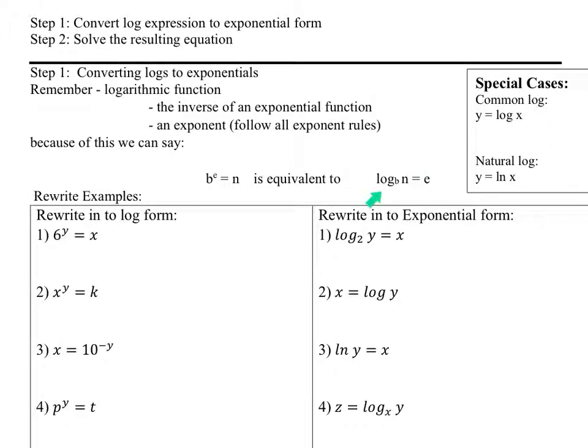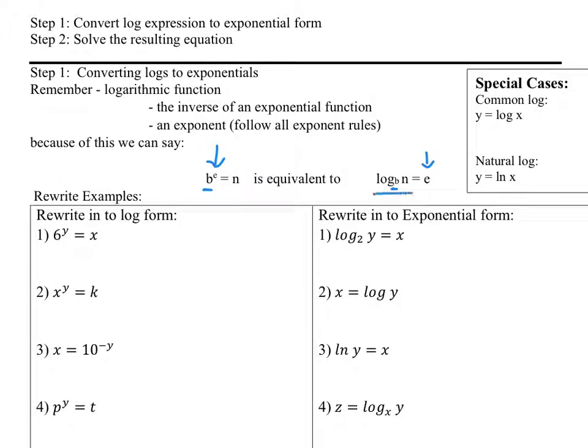So whenever you're converting something to a log, that log should be equal to that exponent that you had to begin with. There's lots of different ways to remember how to do this. Some teachers do the loops. I don't quite understand the loops. I understand that the exponent is here, and that's what the log is equal to. The b stands for base, and these two names are exactly the same.